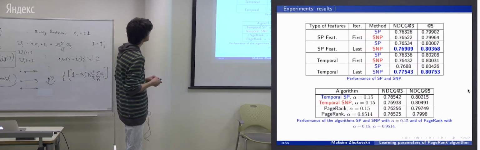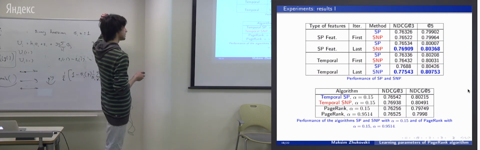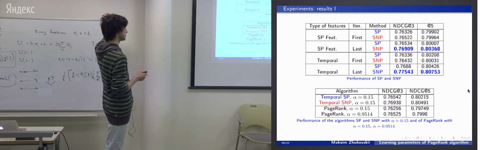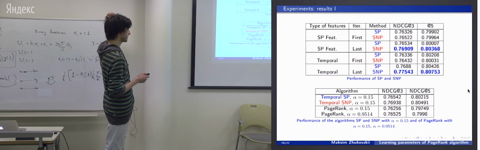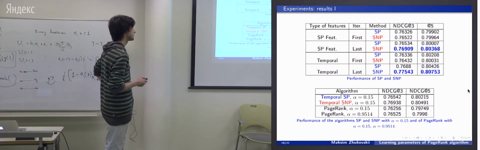So the results are the following. As you see, in case of features from the paper semi-supervised PageRank, our algorithm supervised nested PageRank outperforms supervised PageRank with both metrics NDCG3 and NDCG5, and for temporal features as well.